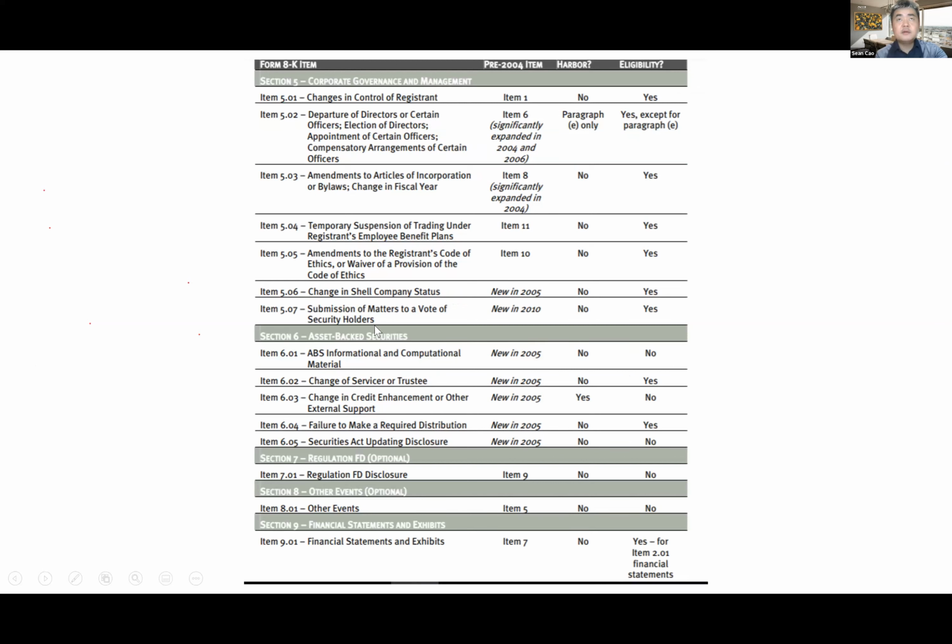So this is the structure of the 8-K. You need to understand the structure. We'll go over the structure together and learn how to use the 8-K to analyze firm information, and also how to use the text analysis we did in class to help investors and help managers.